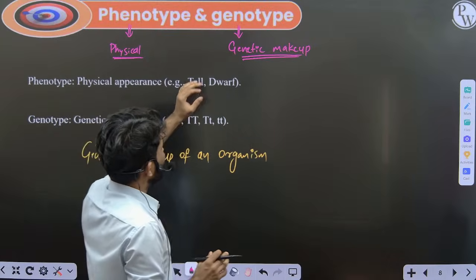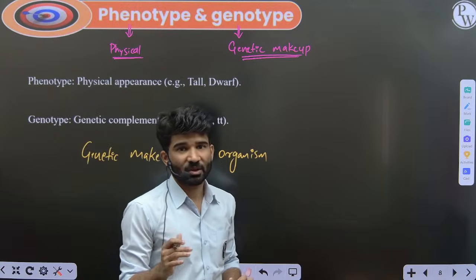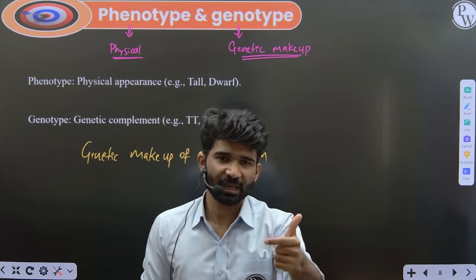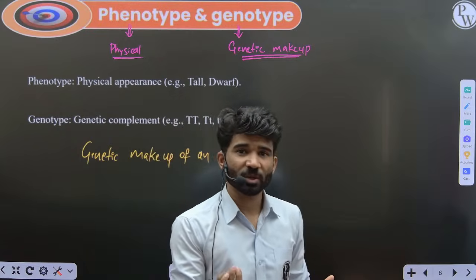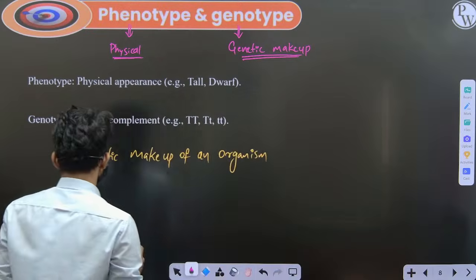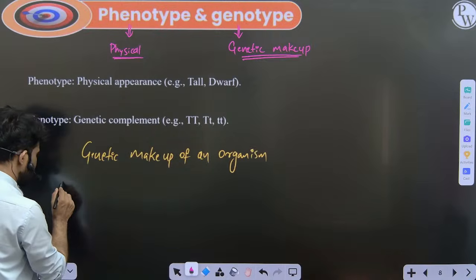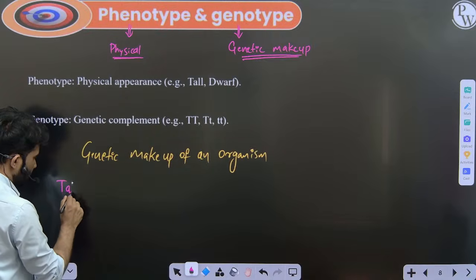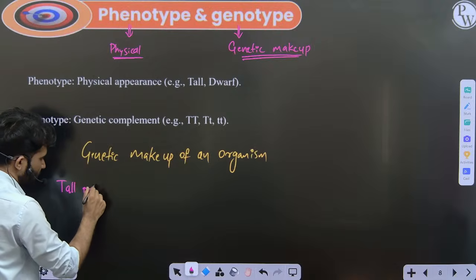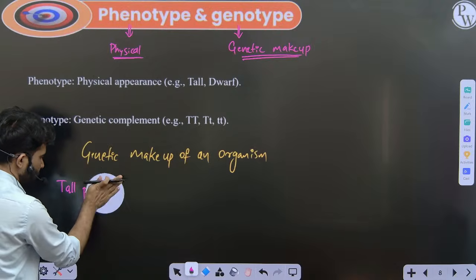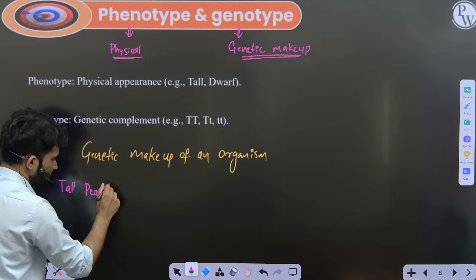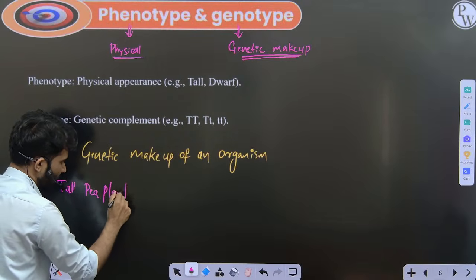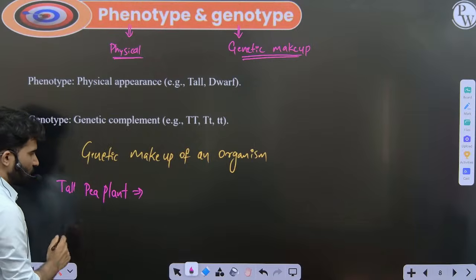So how can you expect to know the genotype in the organism? It can't be seen with bare eyes. So how can we know the genotype of an organism? Take an example of a tall plant. You cannot say its genotype by looking at it.